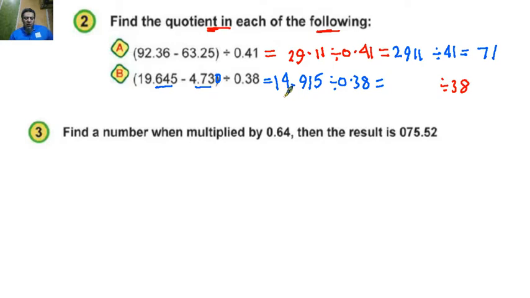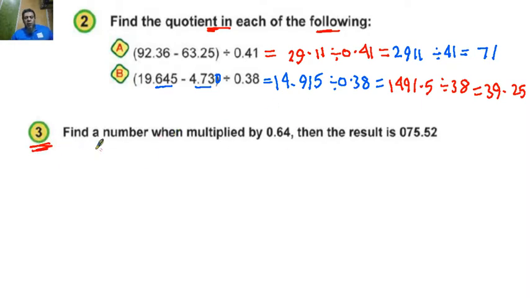For the dividend, the decimal point moves to the right 2 digits, 1490. By doing the division, the result equals 39.25 as in the first example.